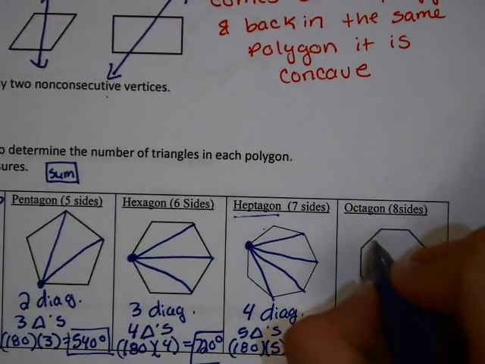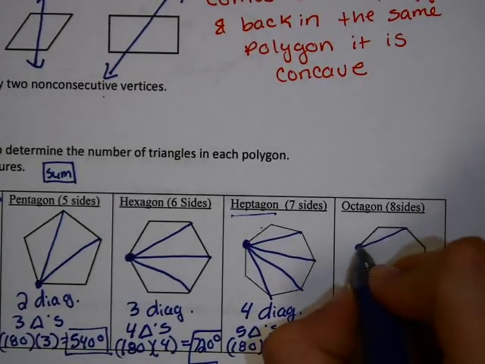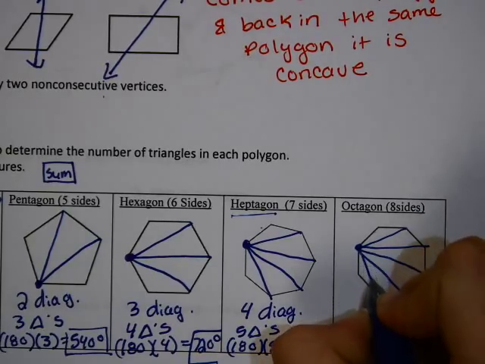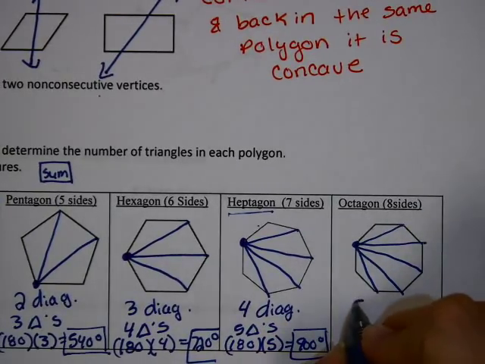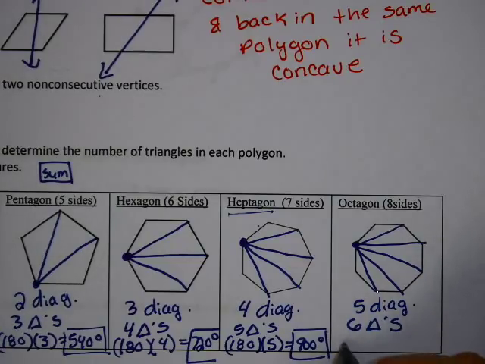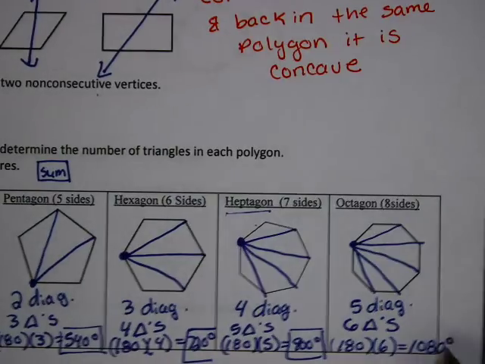So we have 8 sides, and I can draw 5 diagonals, which gives me 6 triangles. So if I take 180 times 6, I get 1,080 degrees, not 800, 1,080 degrees.